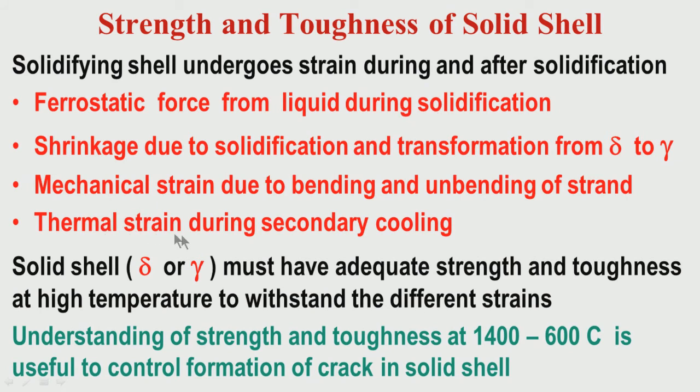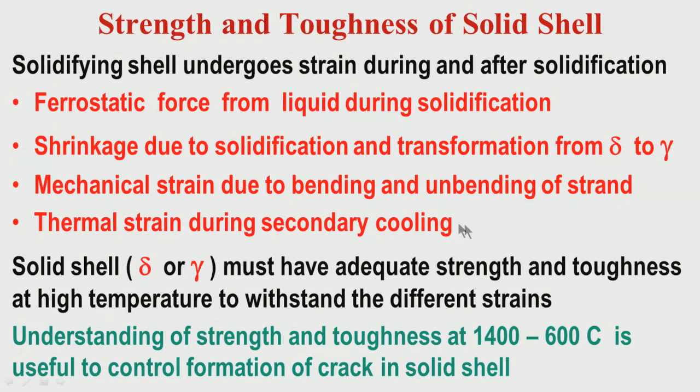Now, there can be a thermal strain during secondary cooling. After the strand comes out from the mold, you have to use water for secondary cooling. Water is impinged on the strand surface, both at the inner radius and the outer radius. You must spray water or air mist. Because of that there is a thermal strain. Why?